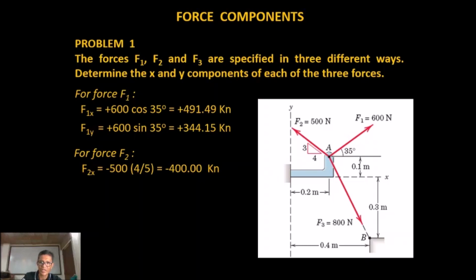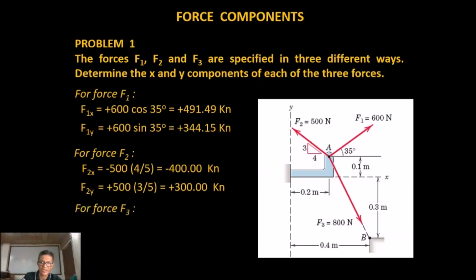Since x component yan, we have to use 4. Nasa x siya and the hypotenuse is 5. For F2y, F2y is equal to positive 500 multiplied by 3 over 5. Again, y component, y is in the y direction, so we have 3 over 5.